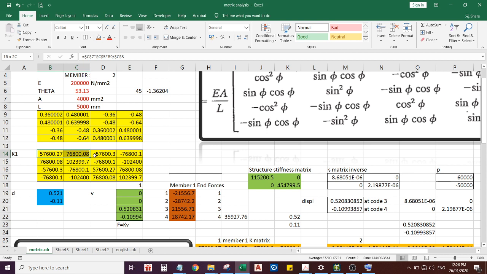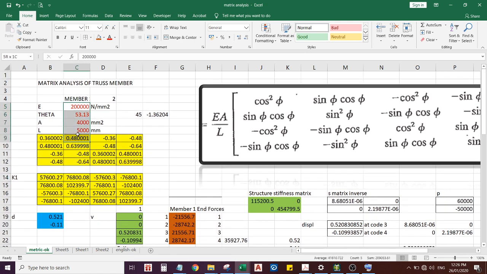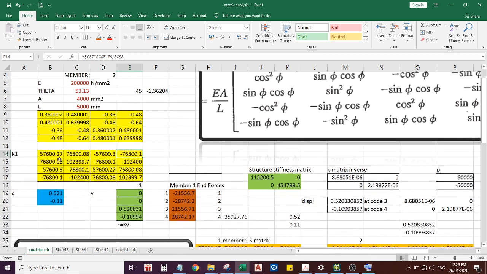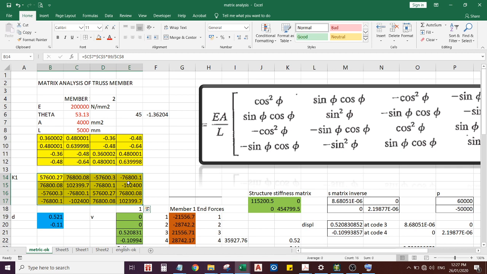Then this one is the final global stiffness matrix, because it now incorporates the value of AE over L and the matrix here. Okay, so this is now our stiffness matrix for member 1.